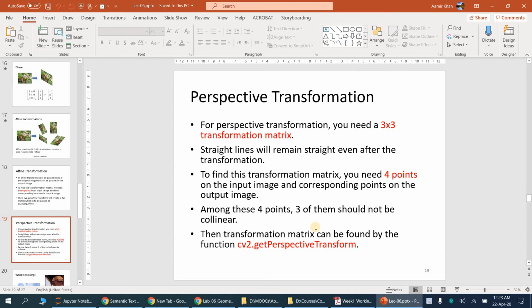So in perspective transform, the transformation matrix is a 3 by 3 matrix, and the straight lines in this case remain straight, even after the transformation.